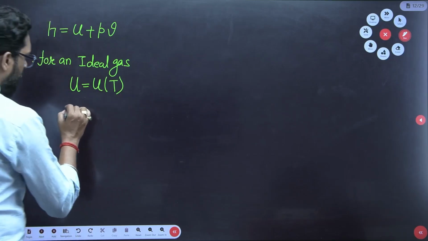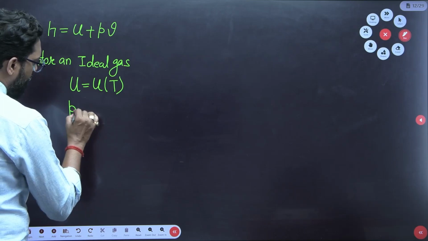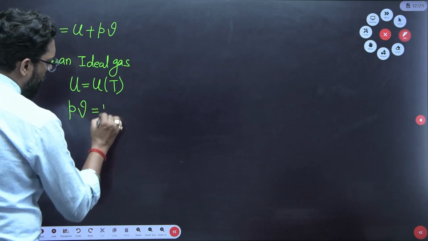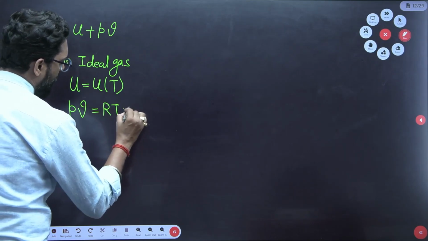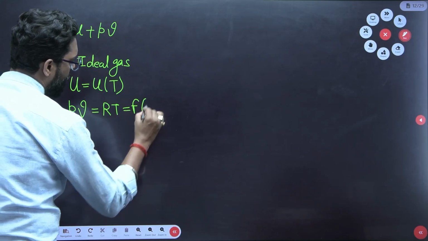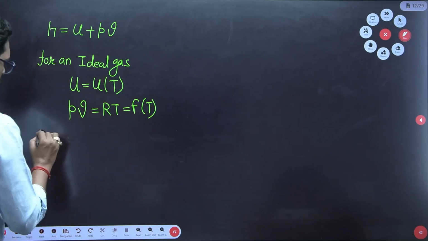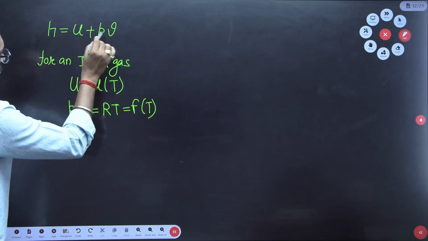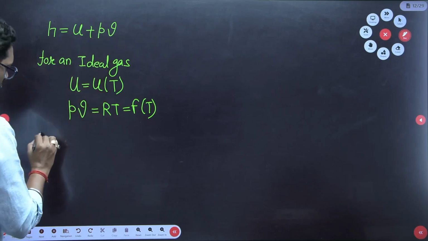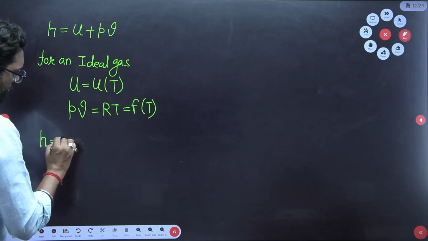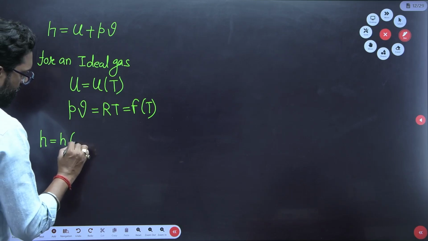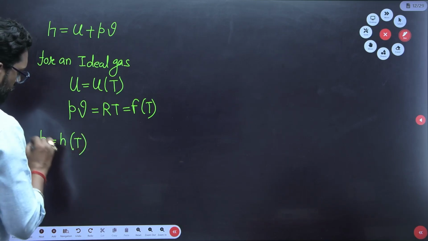And from the equation of state, P times specific volume is equal to RT. That means it is also a function of temperature. So u is a function of temperature, Pv is a function of temperature, so h is also a function of temperature.